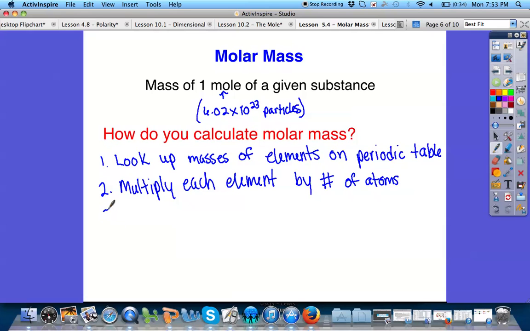The third step, we're going to add them up. And then the fourth step, label grams per mole, g/mol.